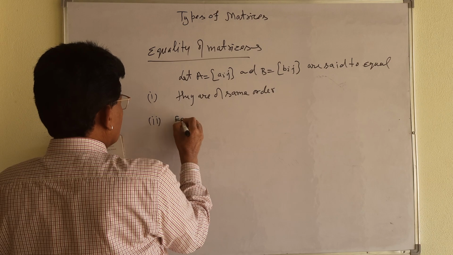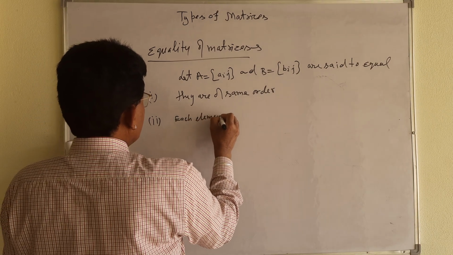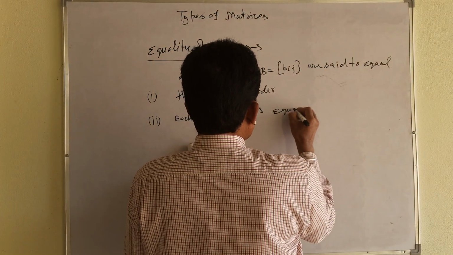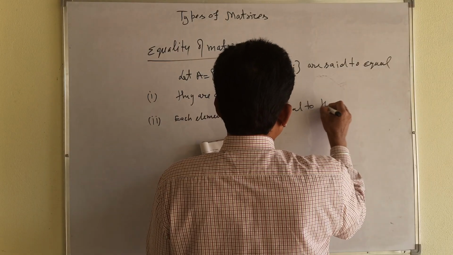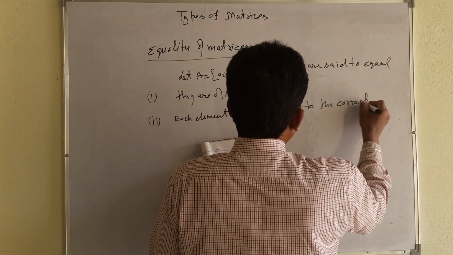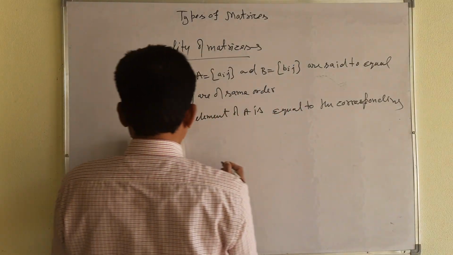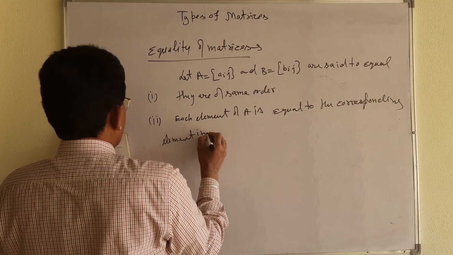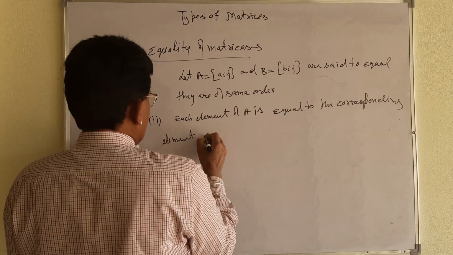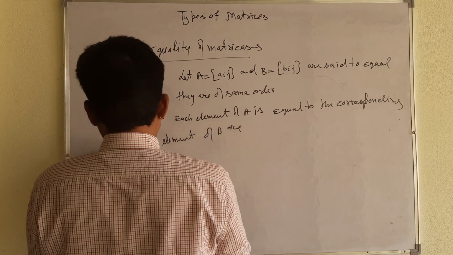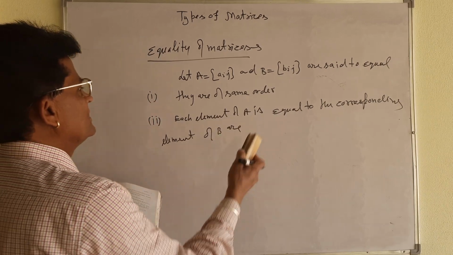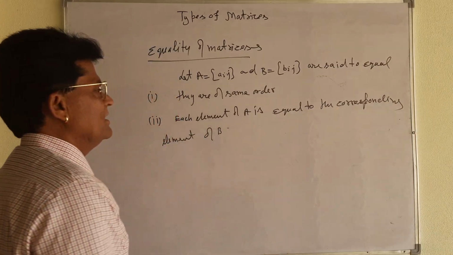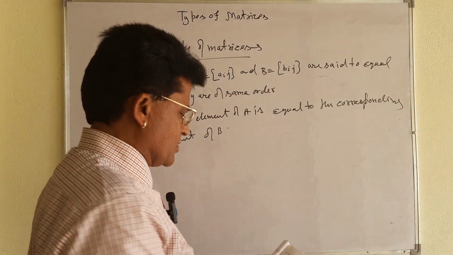Each element of A is equal to the corresponding element, उसी प्लेस में जो एलिमेंट होगा वो corresponding एलिमेंट, in B. Each element of A is equal to the corresponding element of B. Then the two matrices will be equal, otherwise no.